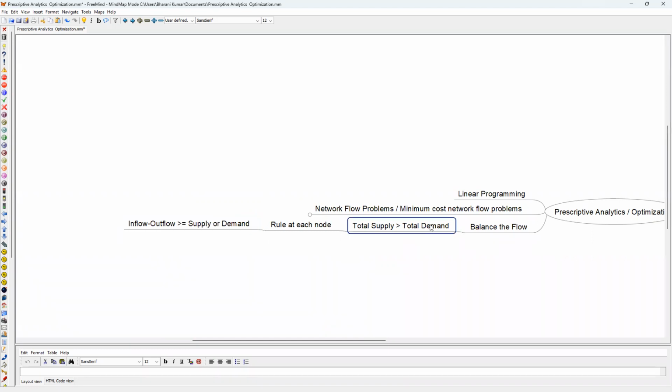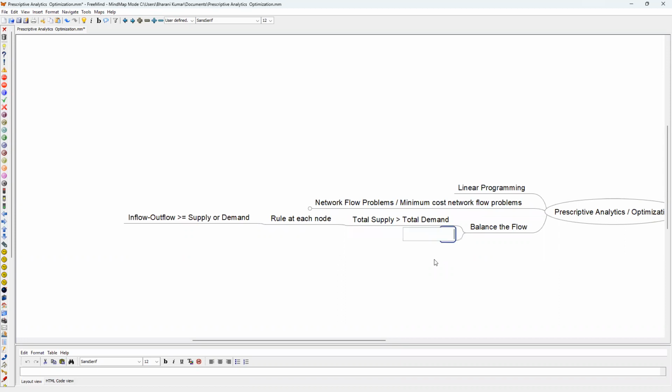Second, if total supply is equal to total demand, then the rule at that node would be inflow minus outflow is equal to supply or demand.